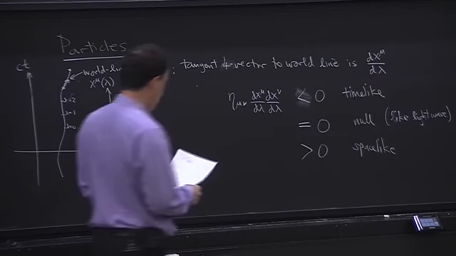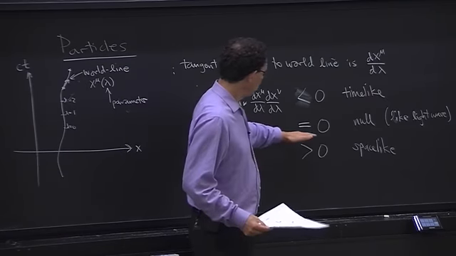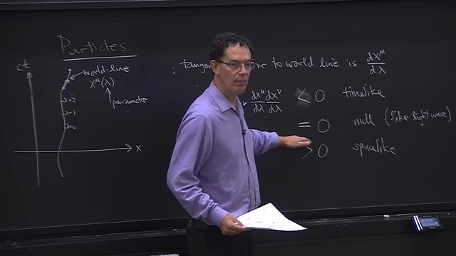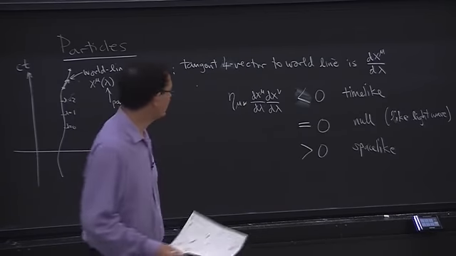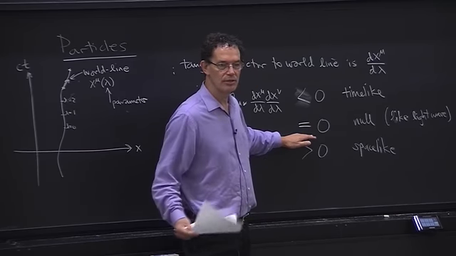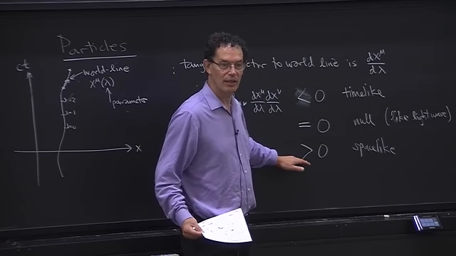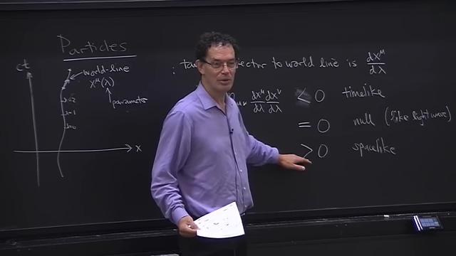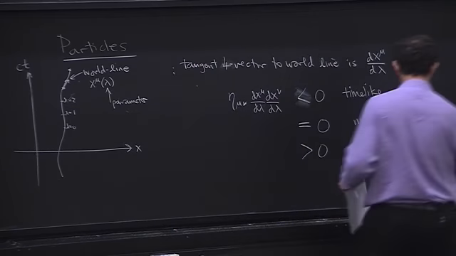Now, it's just a fact that in nature, there seem to only exist the first 2 types of particles. There are particles like us who follow a time-like world line. There are particles like photons that follow null world lines. And there are no particles which follow space-like world lines. They would be pretty interesting if they were, because they would be traveling faster than the speed of light. These are tachyons.